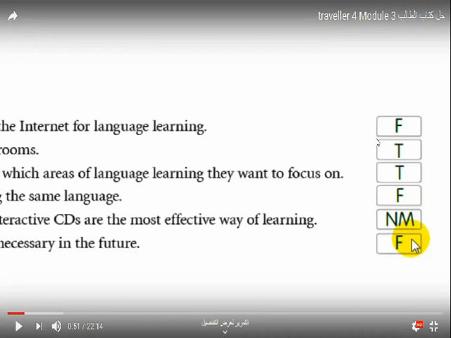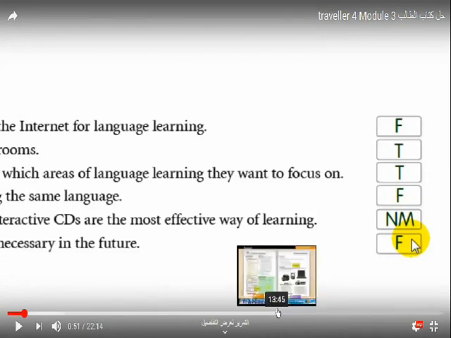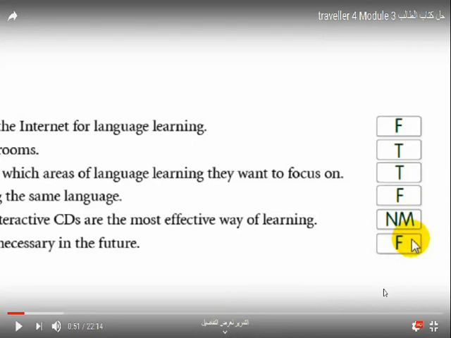This piece of information is not mentioned in the lesson. Number six, the writer believes that teachers will not be necessary in the future. False. Okay. The next page, page 39.